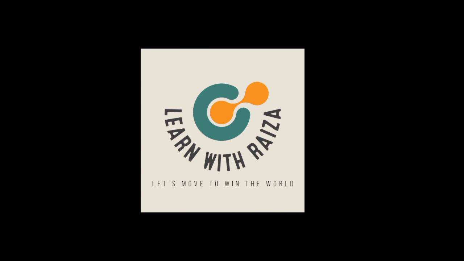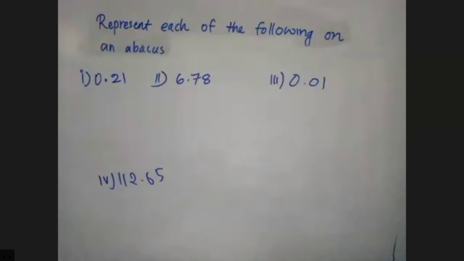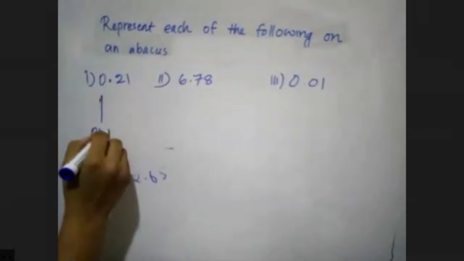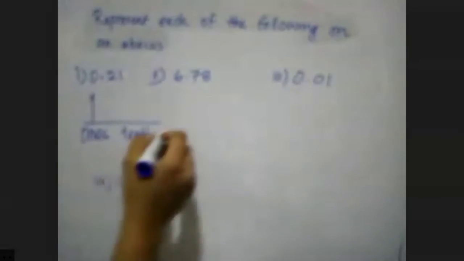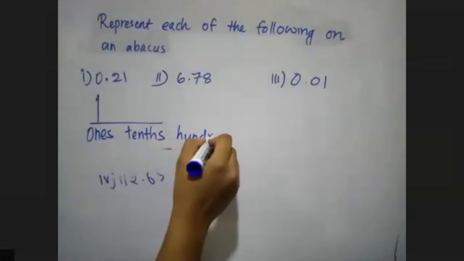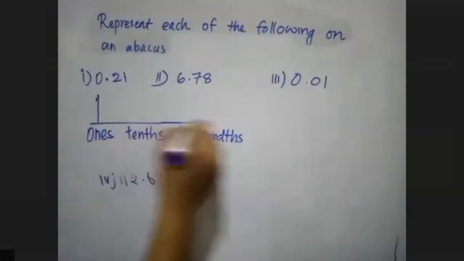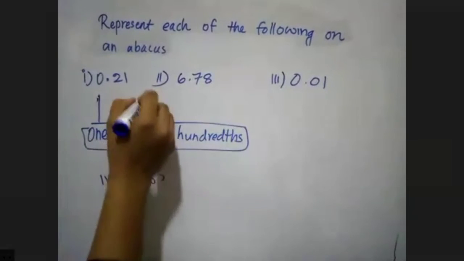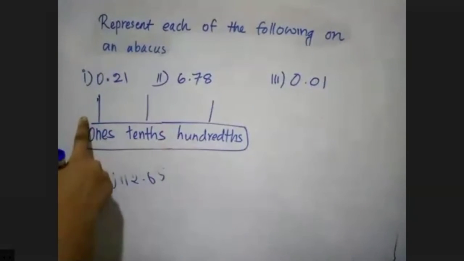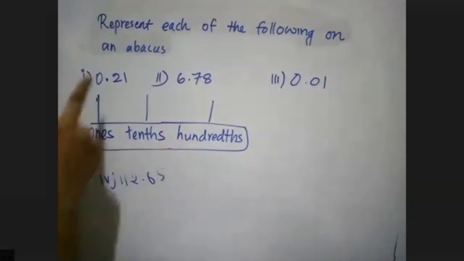Yes, look at the first one, 0.21, like this. This is the ones place, tenths, T-E-N-T-H-S. And next we can write down hundredths. Now, ones, tenths, hundredths. Ones is nothing, it's 0.